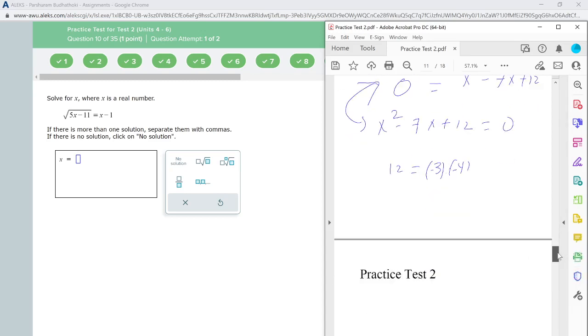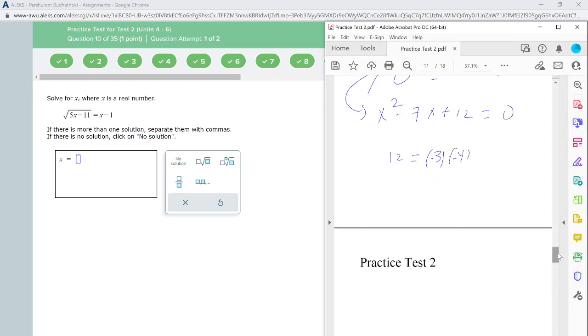So these are the factors we are going to get: x minus 3 times x minus 4. Because if you FOIL it, it will give you x squared minus 7x plus 12, by factoring 12 in a way that the sum of those two factors is negative 7. Now if you solve this, it gives you x equals 3 from the first factor and x equals 4 from the second factor.